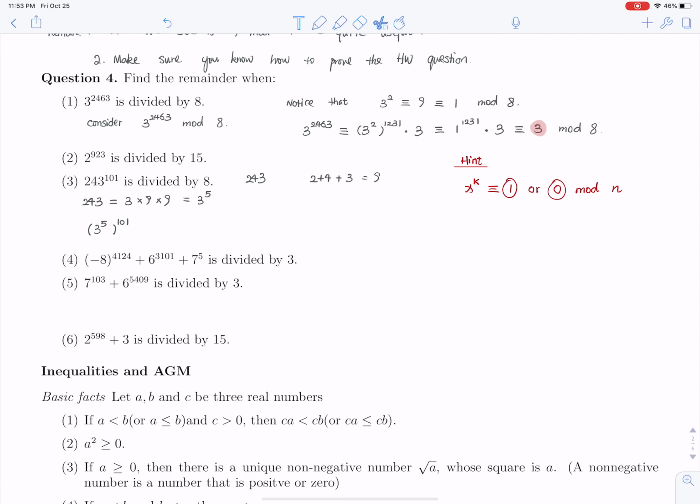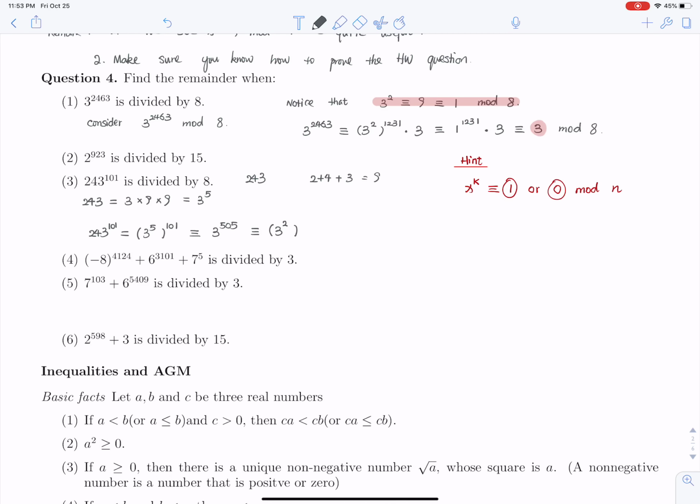Okay, so this whole question becomes to consider 3 to the power of 505 in mod 8. Well, from before we know that 3 to the power of 2 is 1 in mod 8. Okay, let's do the same thing. This will give you 3 to the power of 2.